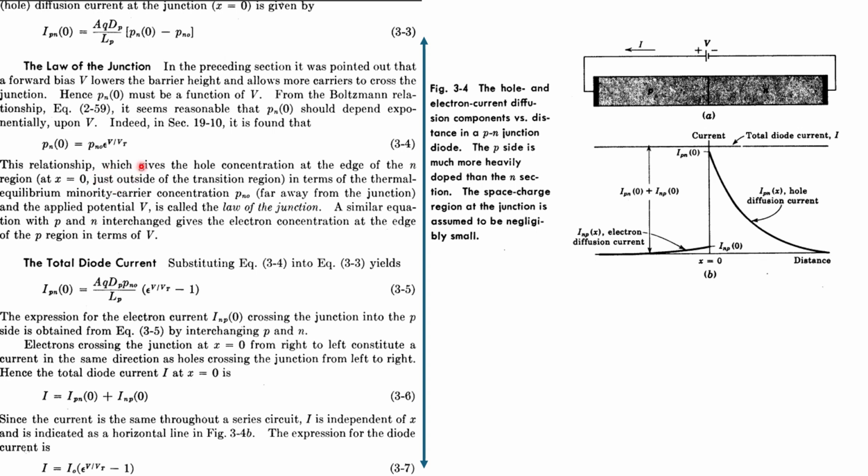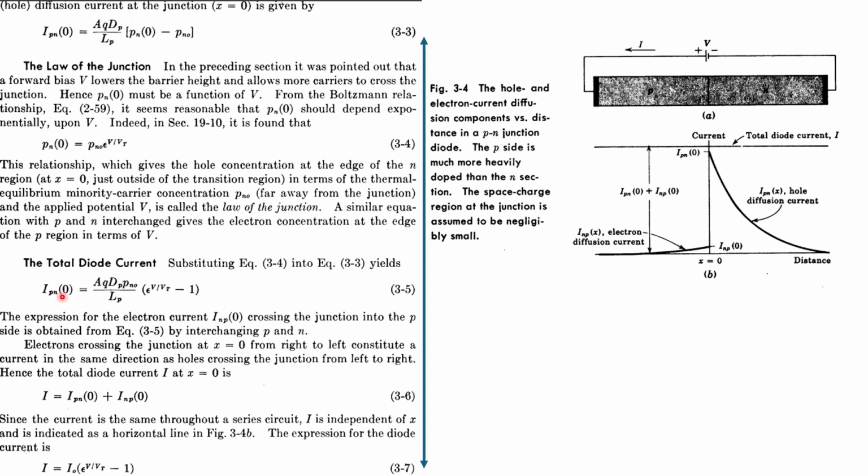V is the voltage that you apply across the junction, and V_T is the thermal voltage, that is kT by Q. Its value is almost fixed; if you calculate it, V_T comes to almost 25 or 26 millivolts, right?